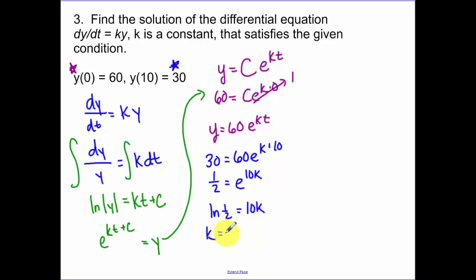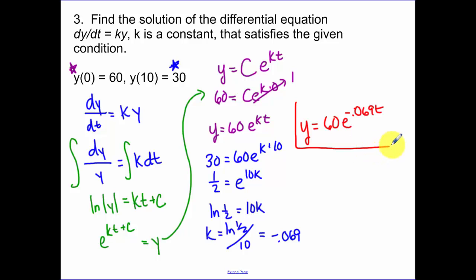So k is equal to the ln of 1/2 divided by 10, which ends up equaling negative 0.069. So then lastly, we're looking for our equation. y equals 60 e to the kt. And that is our solution to our differential equation.